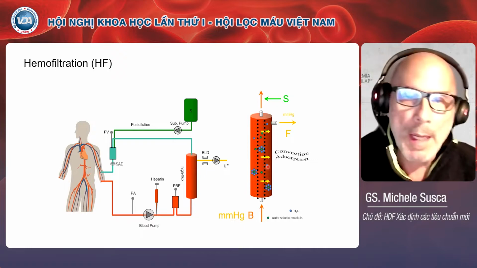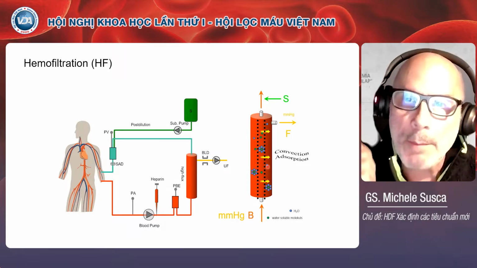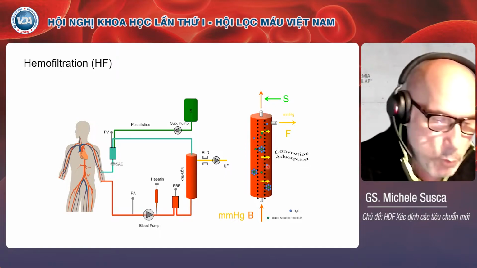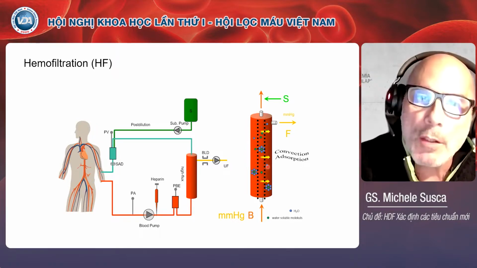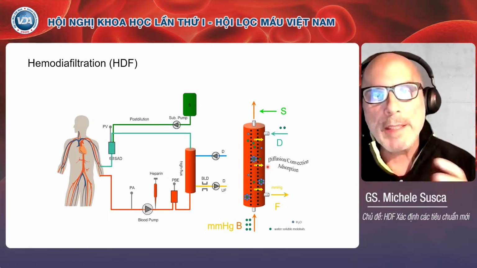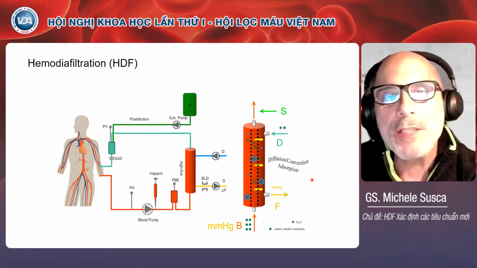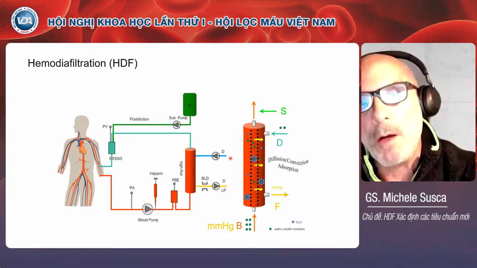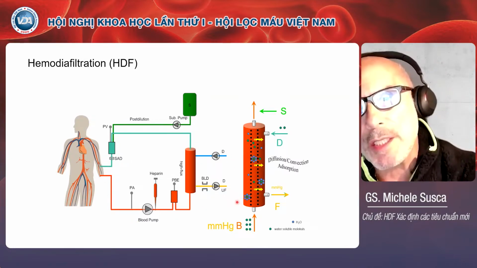Okay, so remember, in common hemodialysis, we can better remove small molecules. In hemofiltration, we can better remove larger molecules. And so both techniques we can do in one, and so we have HDF. You see here the same blood circuit like before, and you have the dialysate circuit here.